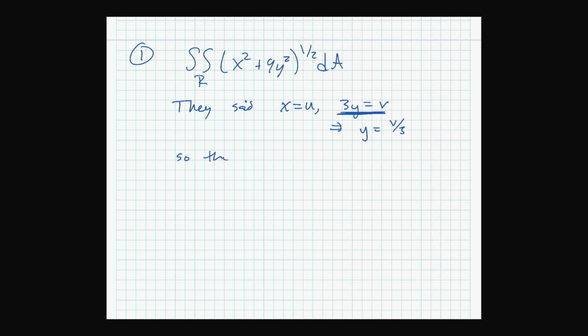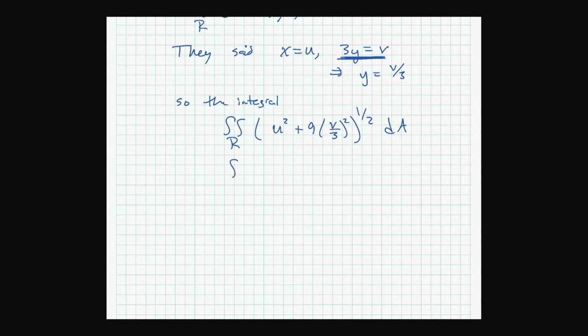Okay, so I'm just going to write out the integrand. So we have the integral over R. If you substitute those in, it's going to be u squared plus 9 times (v over 3) squared, to the 1/2 dA, whatever dA is, we don't know yet. u squared plus 9 v squared over 9, to the 1/2.